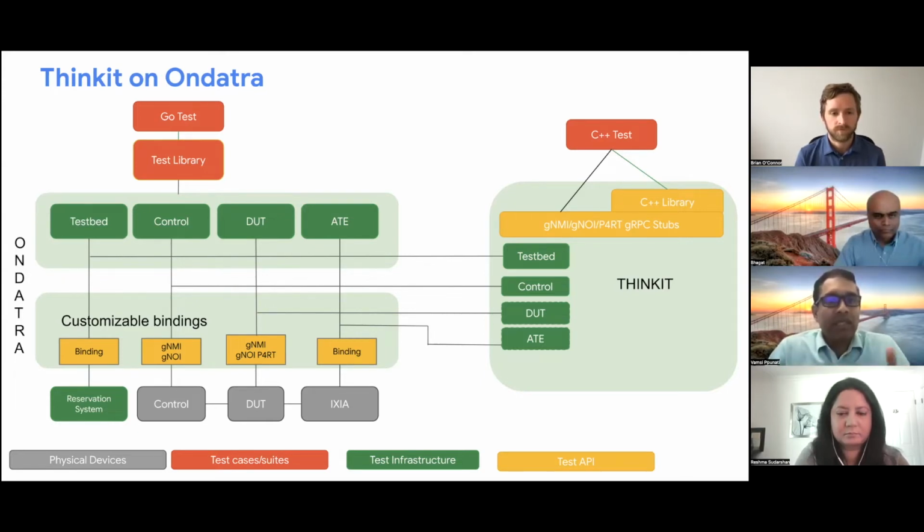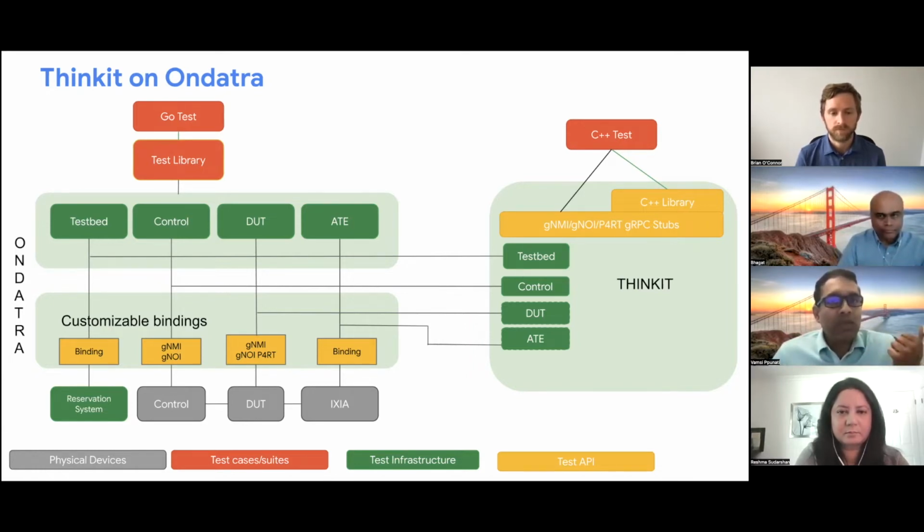So on the left-hand side, we have this OnData framework. Here, as you can see, the Go test and the test library functions talk to the OnData APIs, which in turn talk to the actual hardware through the bindings. If someone wants to take these tests and run them in their environment, they have to follow a few steps.